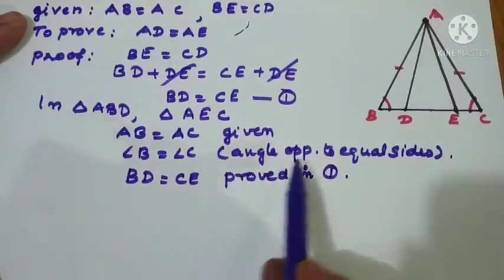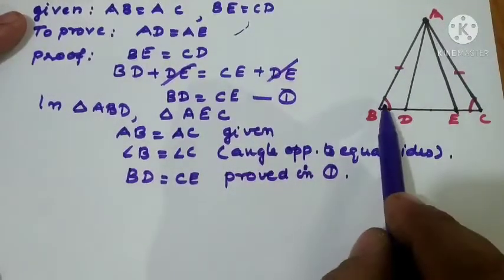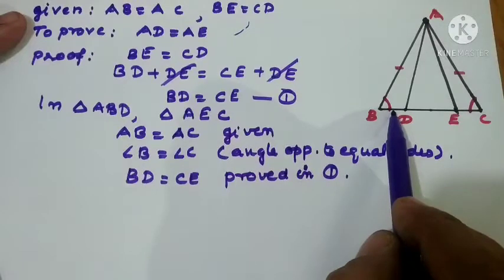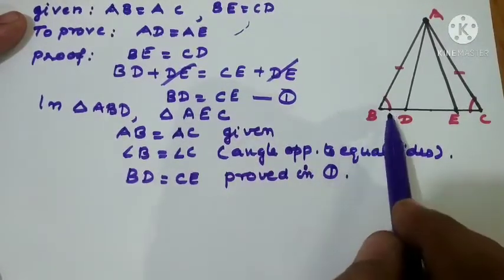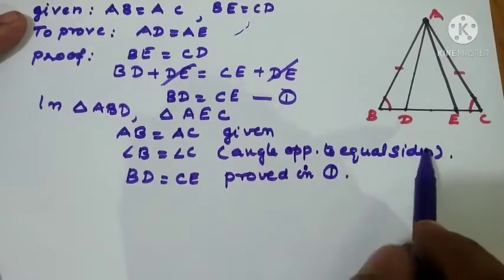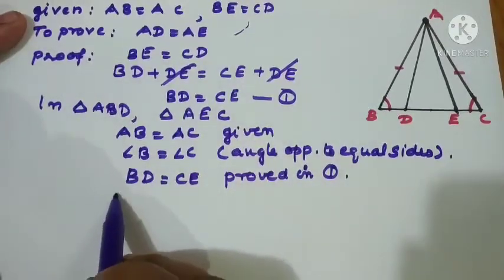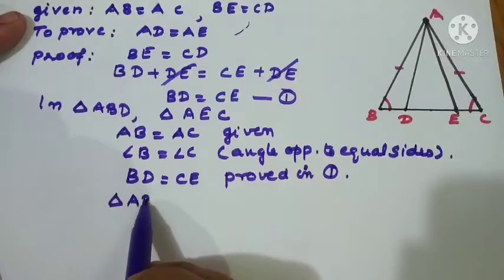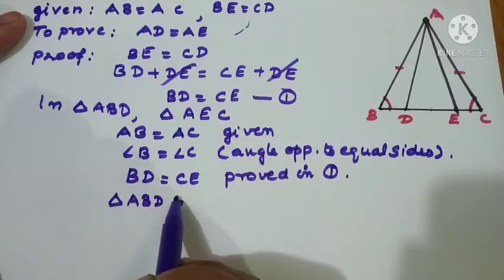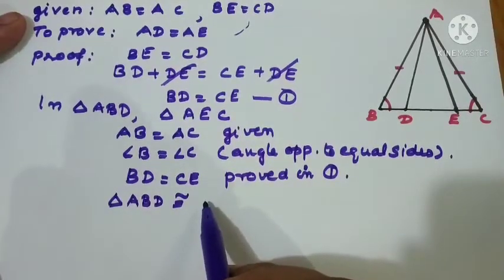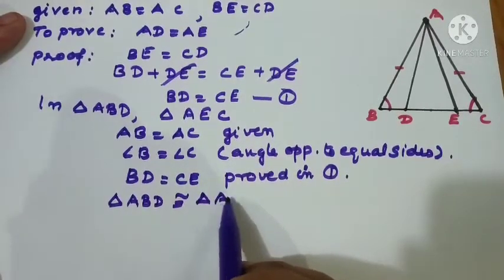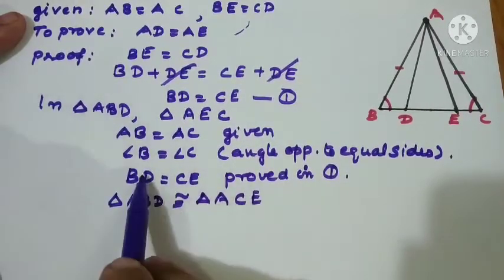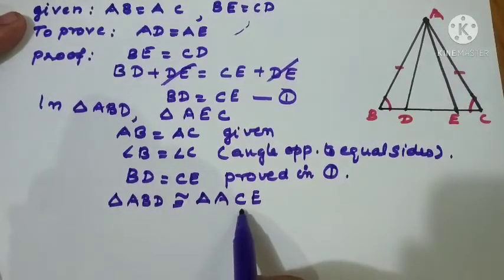So we got a side, the angle and one more side, and the angle is included, right? So AB we got, BD we got, angle B we got. So what can we write? Triangle ABD congruent to triangle ACE. For B, the angle is C only.